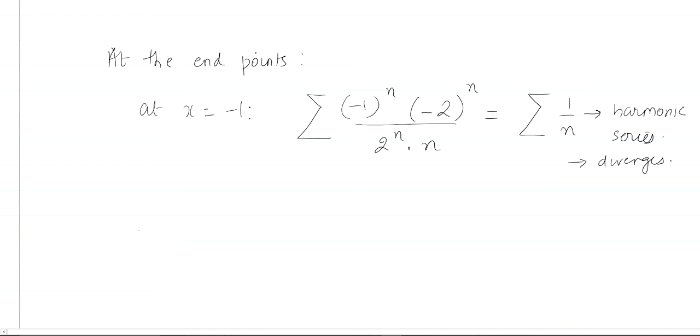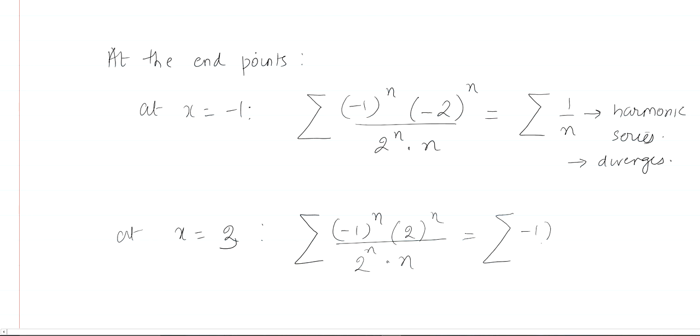Let us try the point x equal to 3. At this point, we have the series 2 to the power n over 2 to the n times n, which is equal to minus 1 to the n times 1 over n.